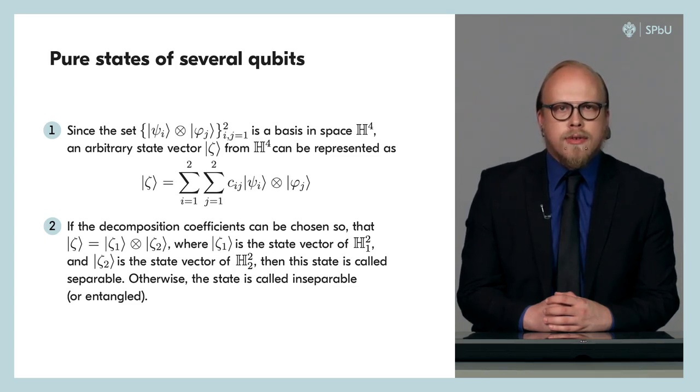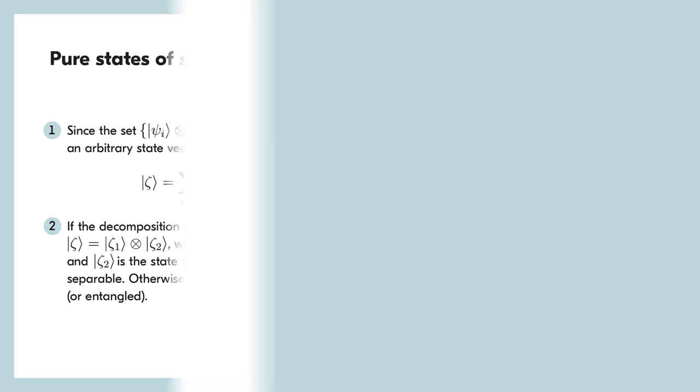If the coefficients of this decomposition can be chosen so that the state vector of the whole system zeta can be represented not as a sum but as a tensor product of the state vectors zeta1 and zeta2, each of which refers to a separate qubit, that is, is an element of the Hilbert space of this qubit, then such a state of a physical system consisting of two qubits is called separable. If this cannot be done, then the state of the system is called inseparable or entangled.